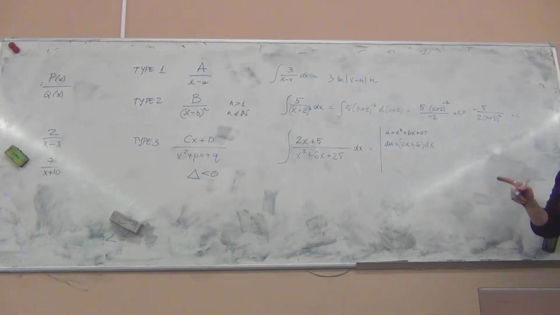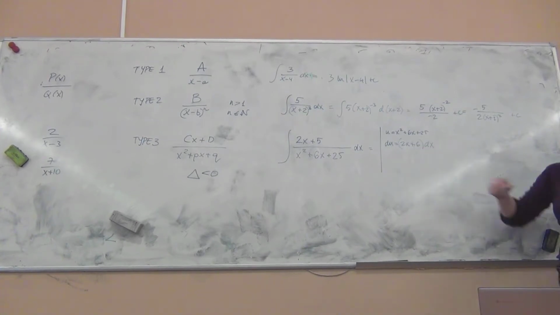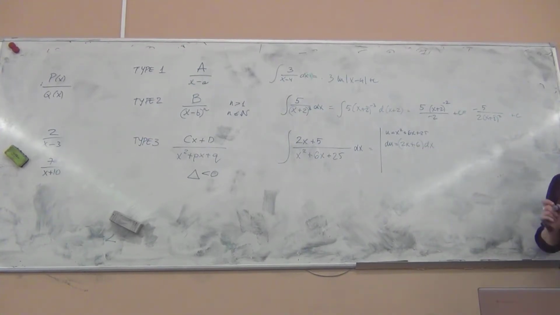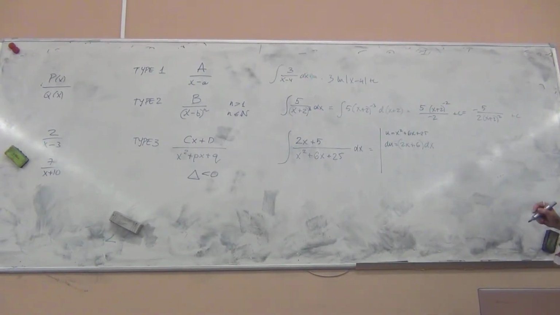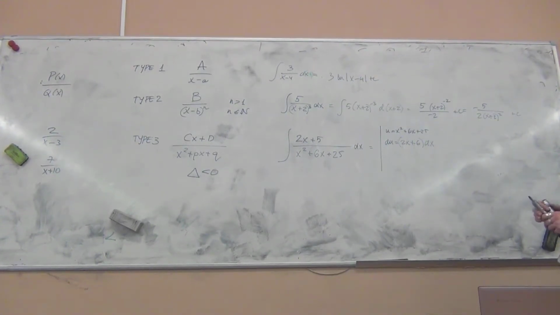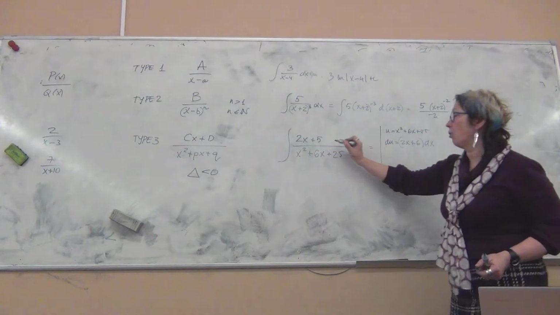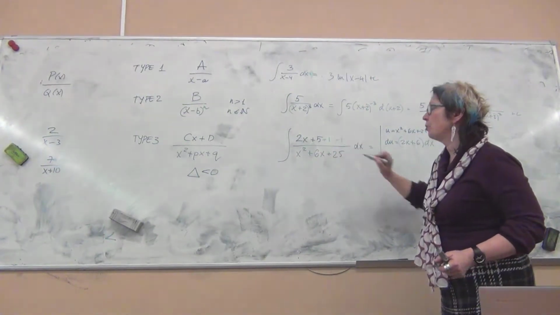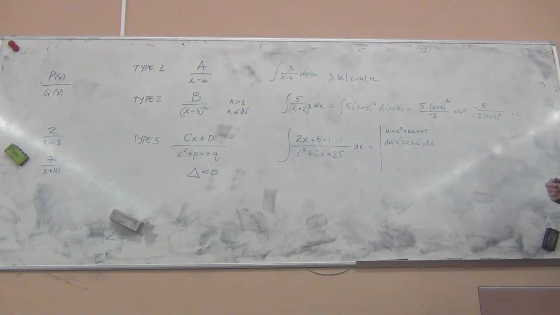We have plus 5, we don't have plus 6. I'm simply showing a simple example. Perhaps it's not the most comprehensive, but at least it gives you an idea. So to make plus 6, I write plus 1 minus 1, and I split it into two integrals now.